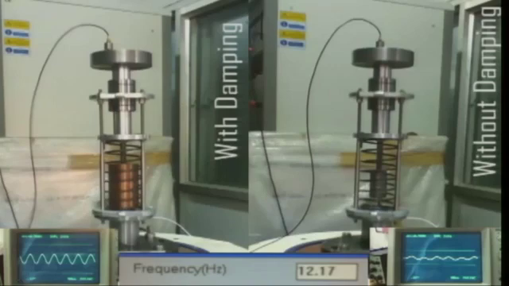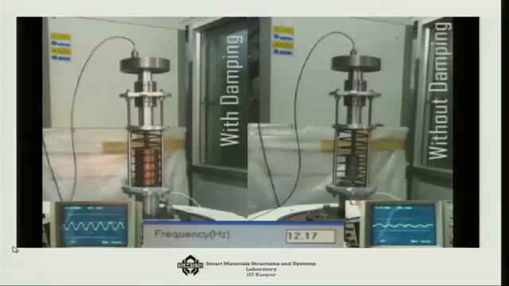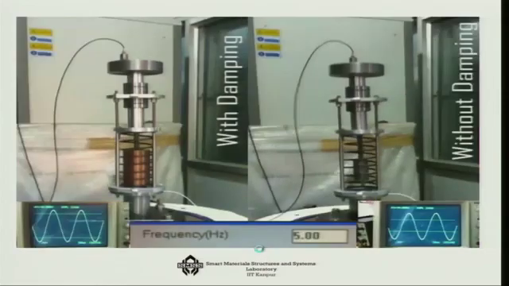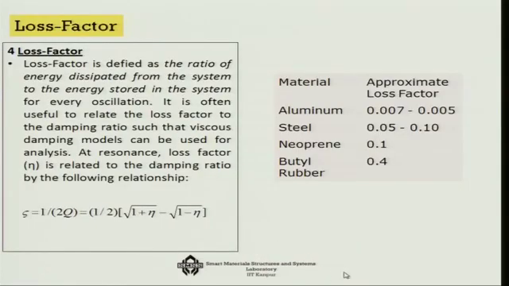Okay. Now, let us go back to the quantification of the damping. While quantifying the damping, we have to talk about another very important factor which is known as the loss factor.